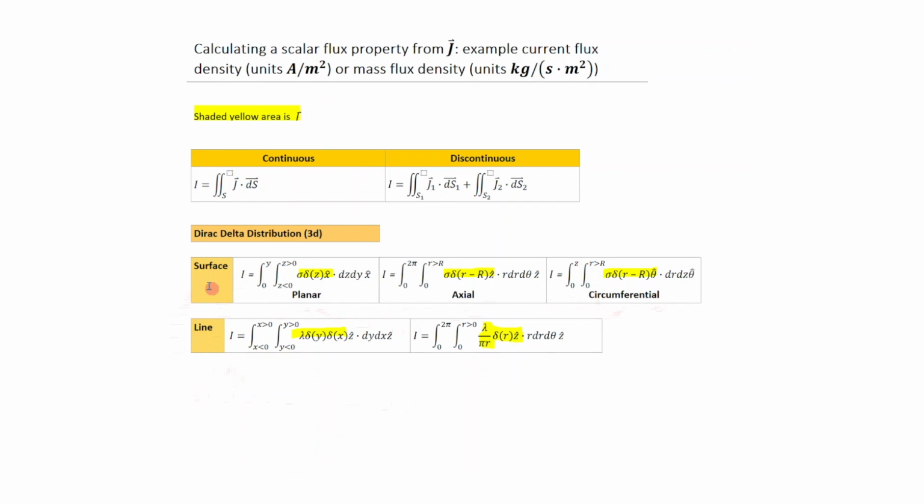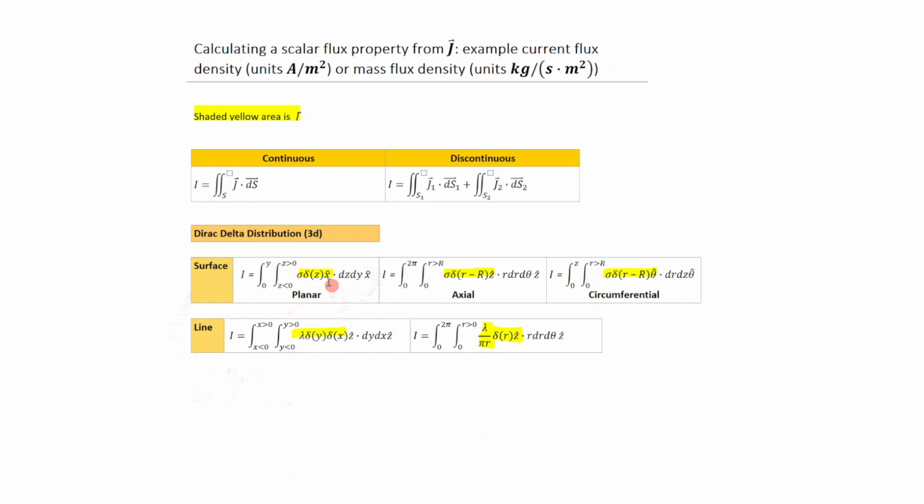So let's look at this example if it's planar. The difference here now is that it's a vector, and so we're taking the dot product between the current flux density vector and the surface area vector. Now, we mentioned earlier that you can choose a surface area vector to make the integral as simple as possible to calculate. In this example, it's a plane lying on the xy surface, which means the Dirac delta function is with respect to z, but it's flowing in the x-hat direction.